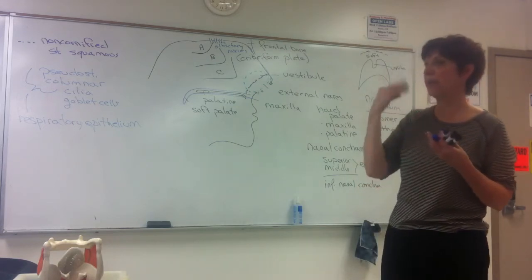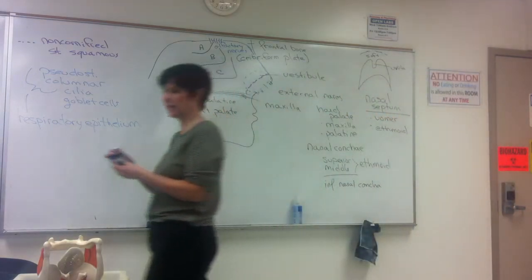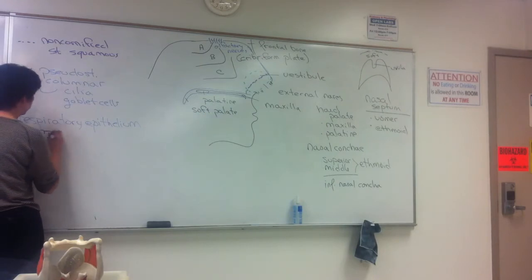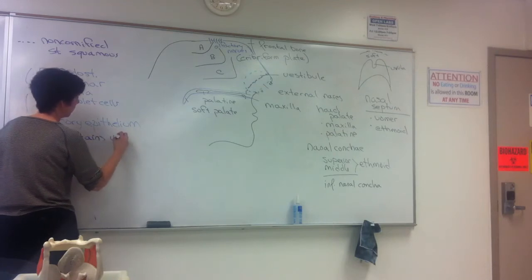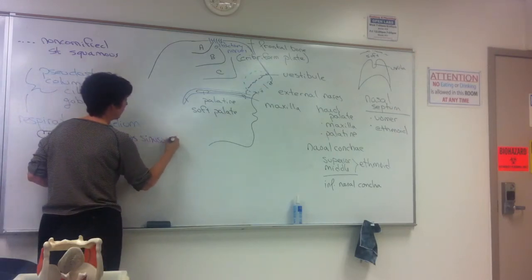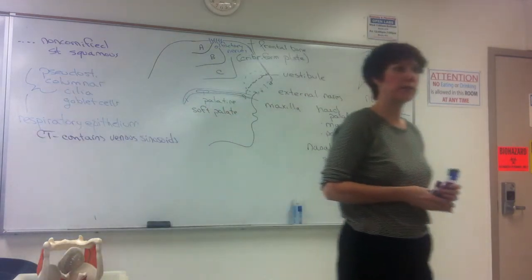So they're going to warm and moisten the air. Vessels? They're called venous sinusoids. So connective tissue.